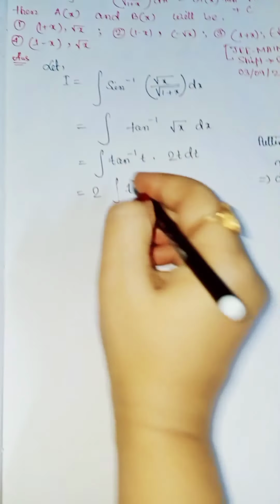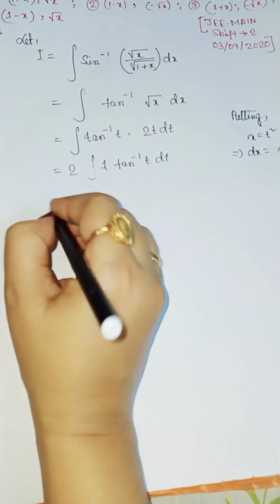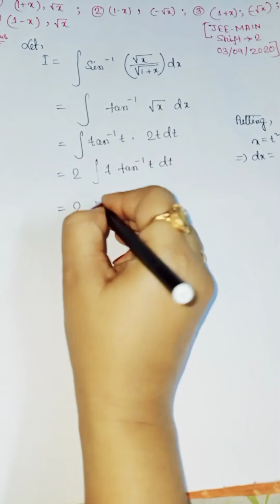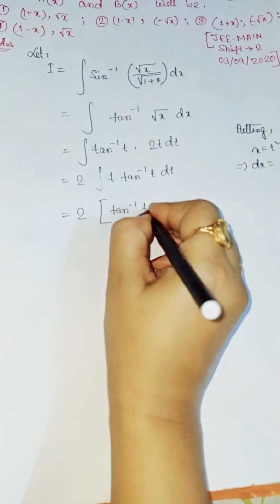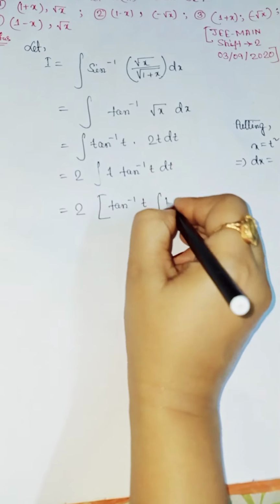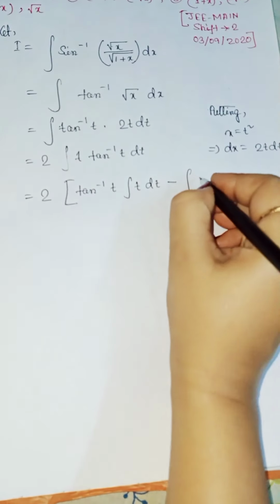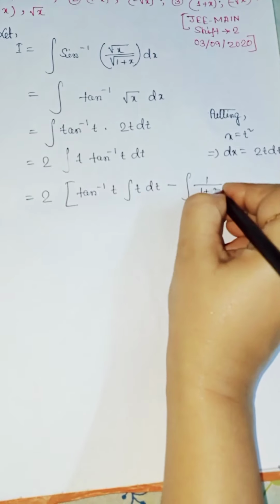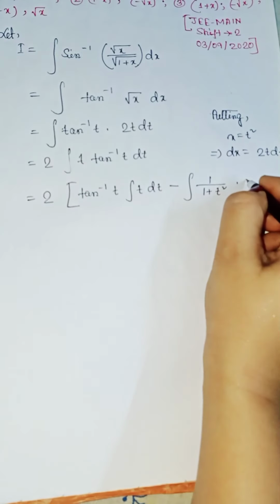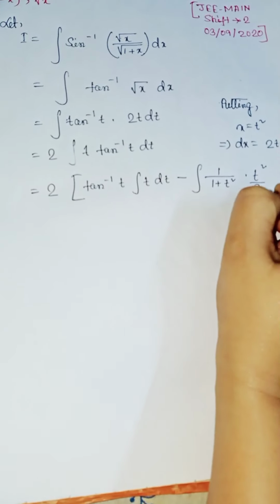Now this is our first function and this is our second function. Now integrating this, it becomes 2 tan inverse t into the integration of t dt, minus the integration of the derivative of tan inverse, which is 1 by 1 plus t square, into t square by 2 dt.